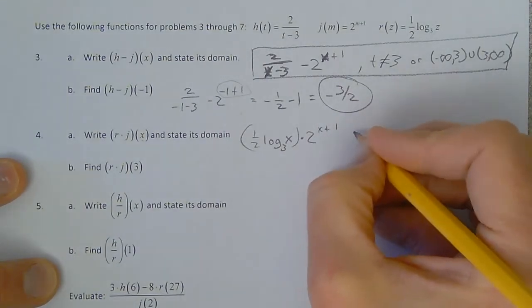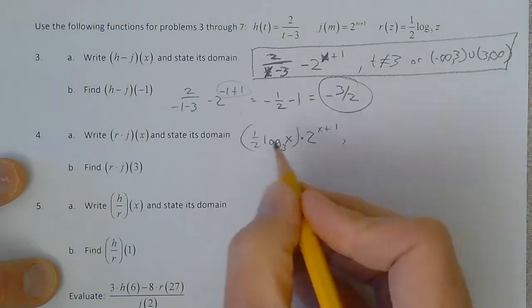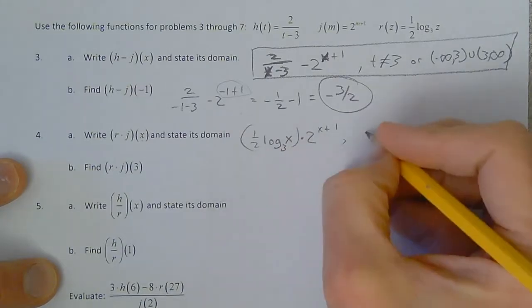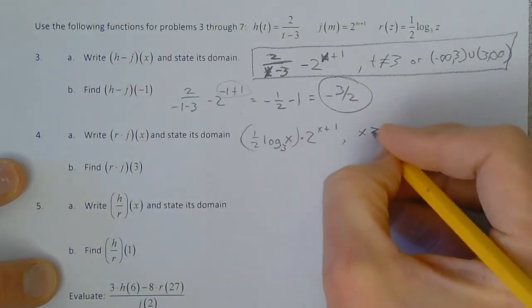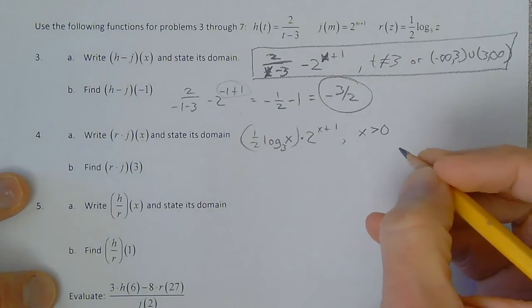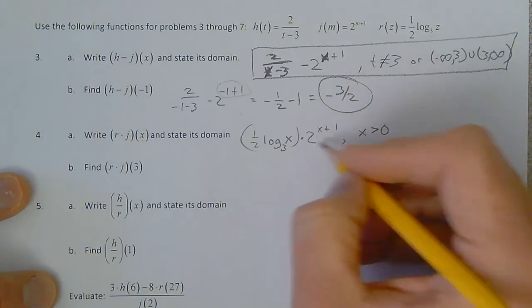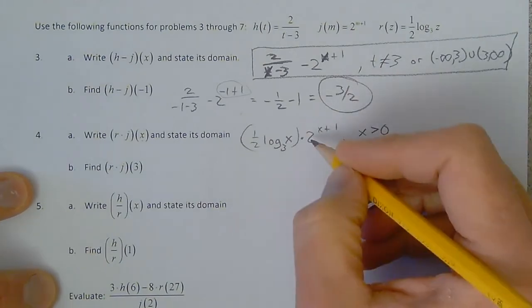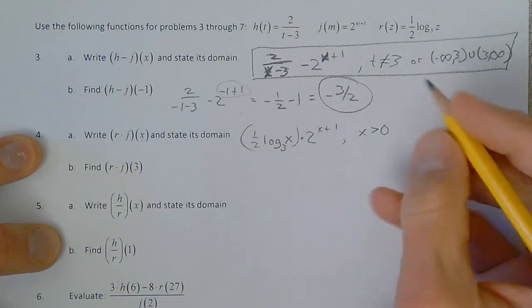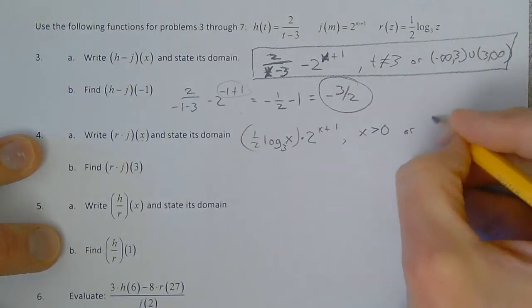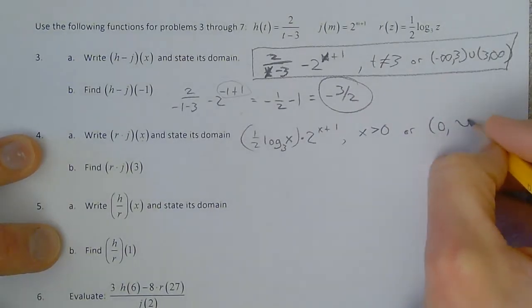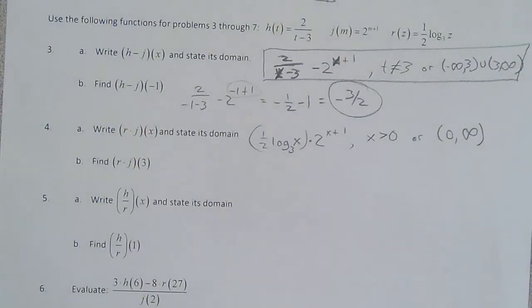That is r times j of x. It has domain restrictions because of the logarithm that says the x values have to be greater than 0. Again, no problems in the domain on the exponential, so we could write that way, or we could write it as 0 to infinity.